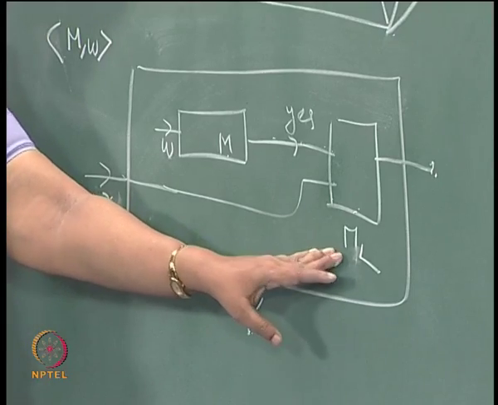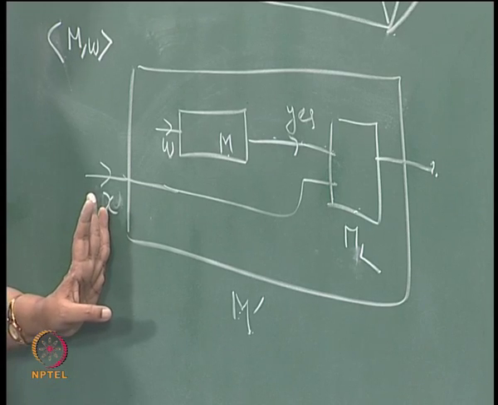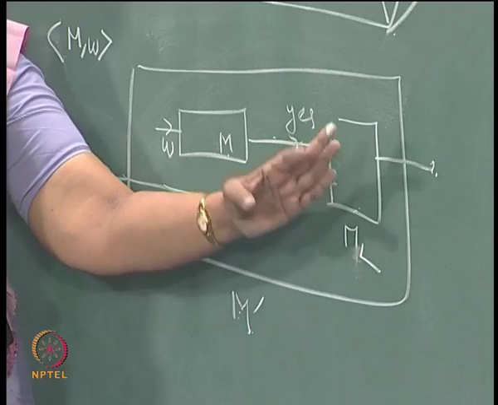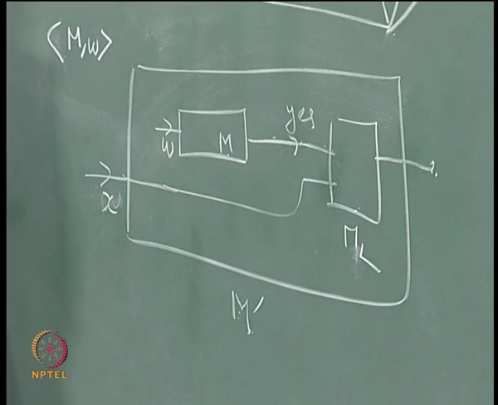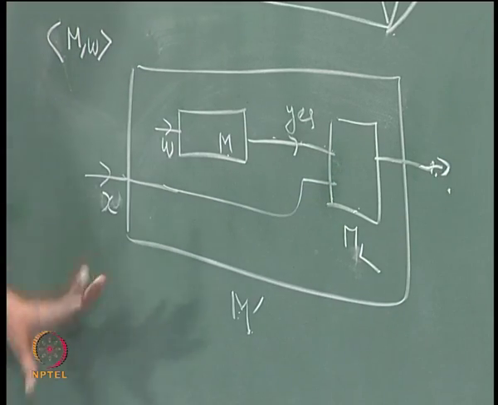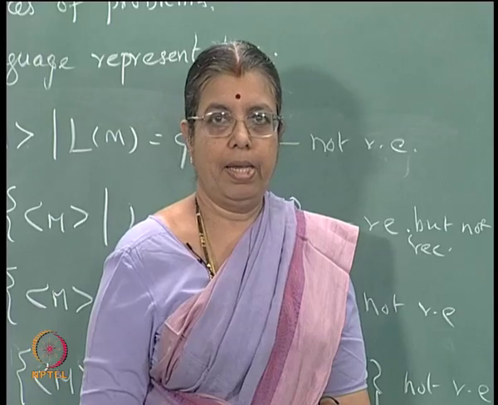If ML is started, it will work on x, and if x is accepted by ML it will say yes; if not accepted it may get into a loop or reject. So, what is the language accepted by M dash?